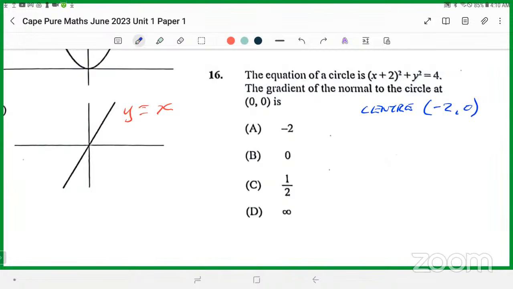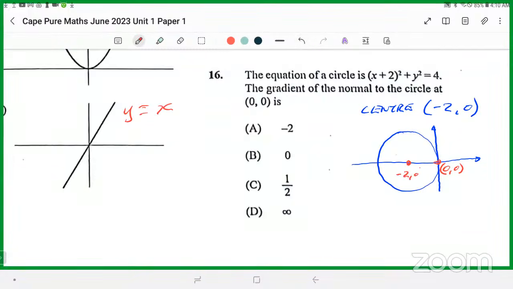So it's like you have the circle like this, and this is the x-axis. You want the point 0, 0, and you have negative 2, 0 as the center right here.